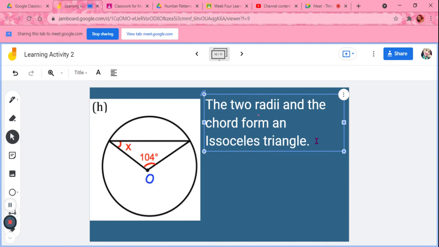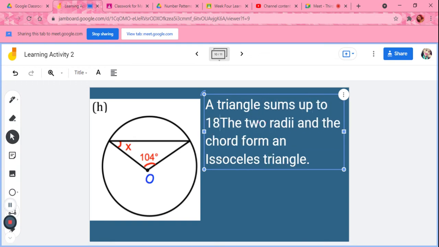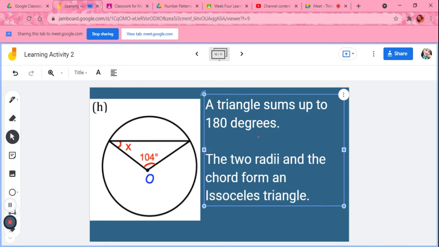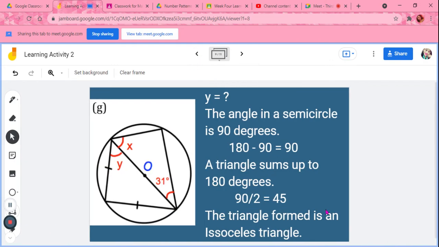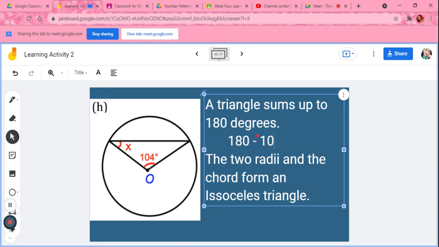But also, I know that a triangle sums up to 180 degrees. So these are my two reasons. Because for my working, I'm going to do the same thing that I did here. I'm going to subtract from 180 and then divide by 2. In this case, I am going to subtract 180 minus 104.